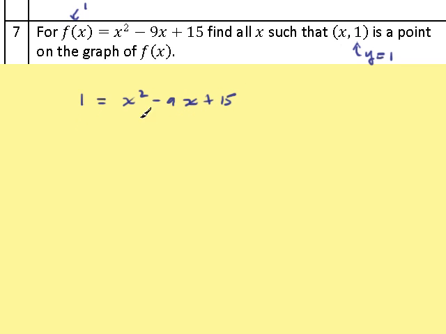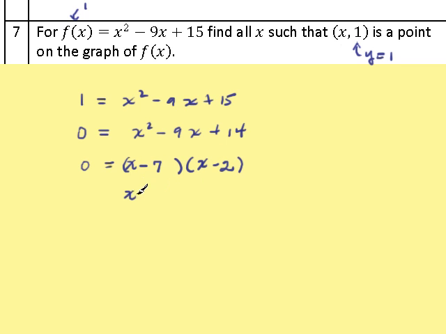This is a quadratic. Let's set it to 0. Subtract 1 from both sides. So here we get x squared minus 9x plus 14. And we're going to try to solve this by factoring. So we can factor this as x minus 7 times x minus 2.